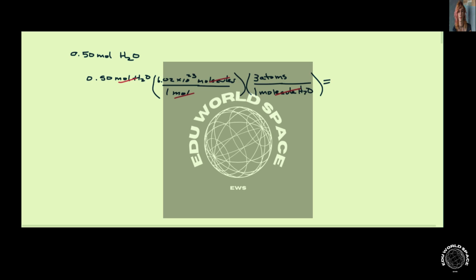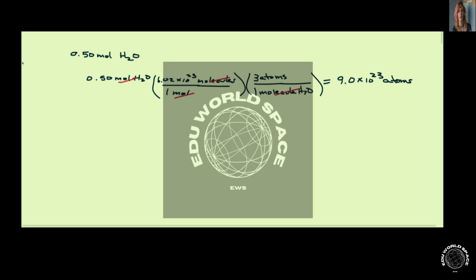And so we can now just put this into our calculator, and we wind up with 9.0. I only have 2 significant figures, times 10 to the 23rd atoms. So that's how many atoms there are in a half a mole of water.